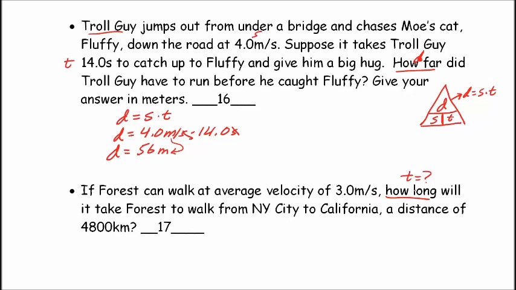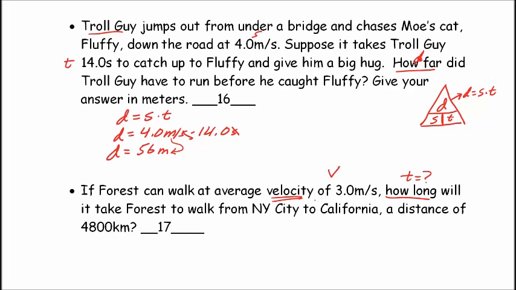Obviously we're going to have to rearrange the speed or velocity equation. And since this says that we have an average velocity of 3.0 meters per second, we're going to assume that this is a velocity even if a direction isn't stated. We have to assume that it is either implied or understood because we're calling this a velocity in the problem.